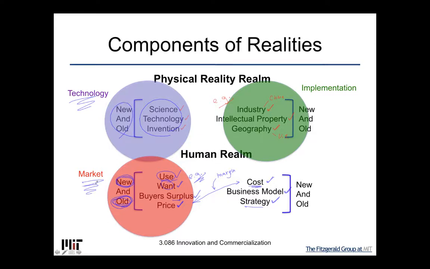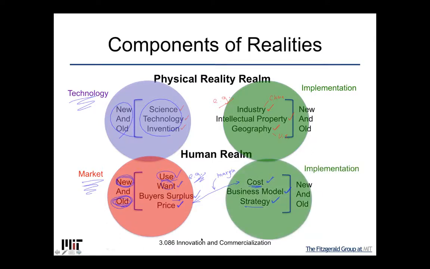Same thing here. This is not just a market survey. With market, we're talking about use, wants, buyer, server, price, and a big long list, anything to do with the different elements and components that go into market application, okay?